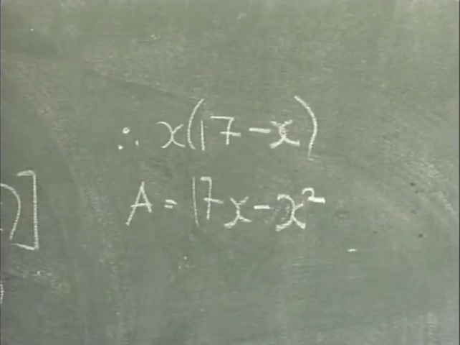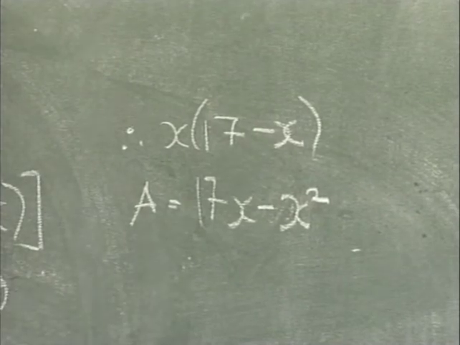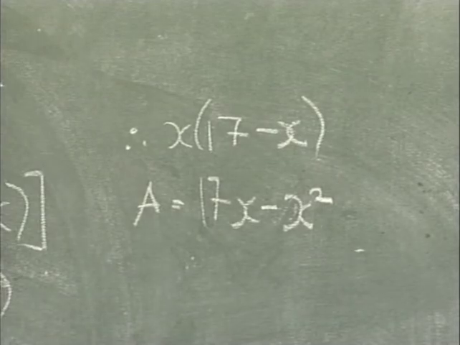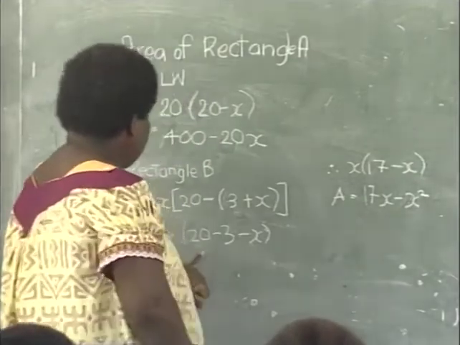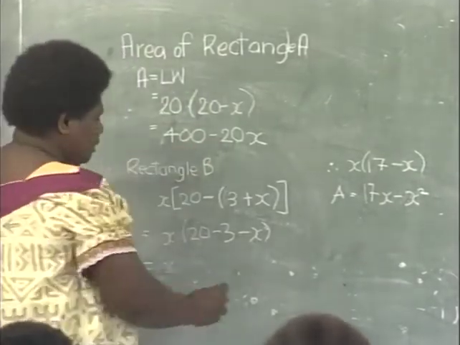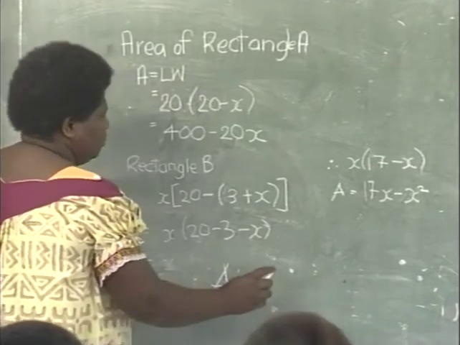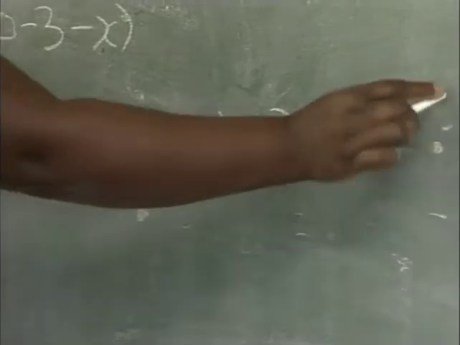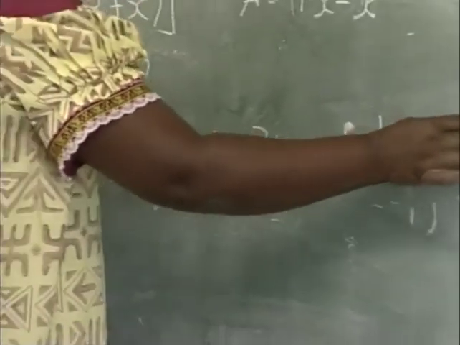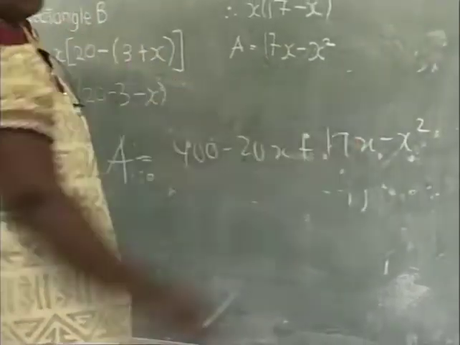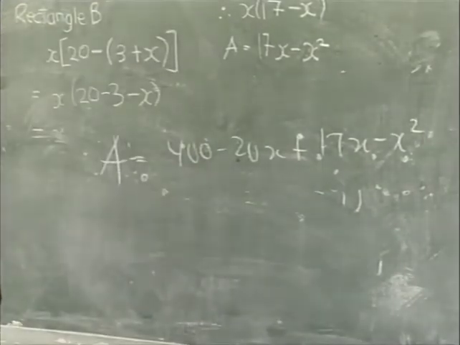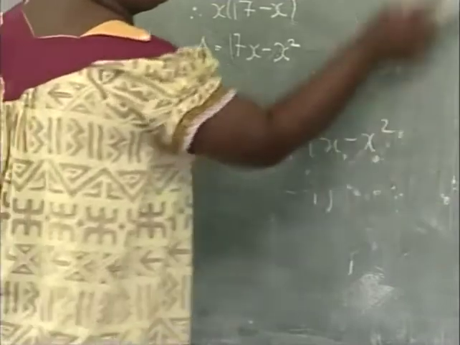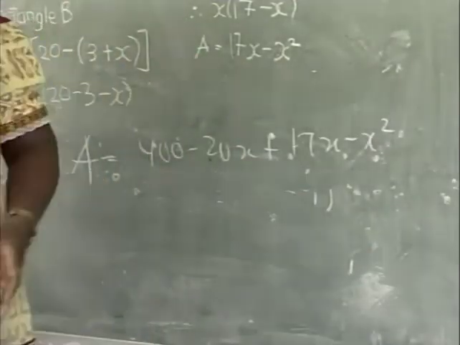Okay. The next question is, write an expression for the total area of the shape. One area is 400 minus 20x, so the total area is going to be 400 minus 20x plus 17x minus x squared. What's the area of the sector that is given? What are you told?